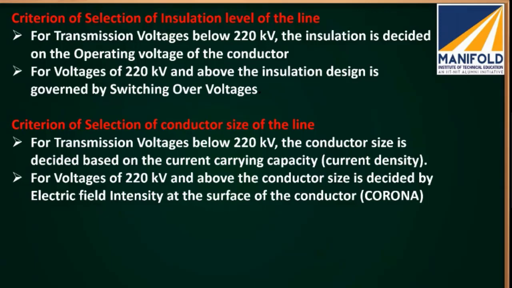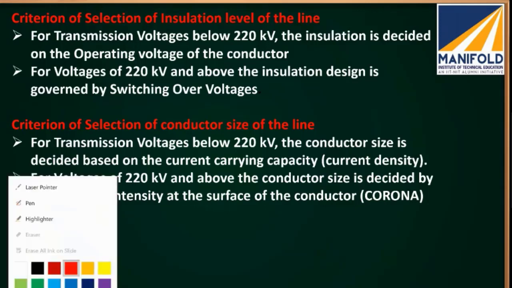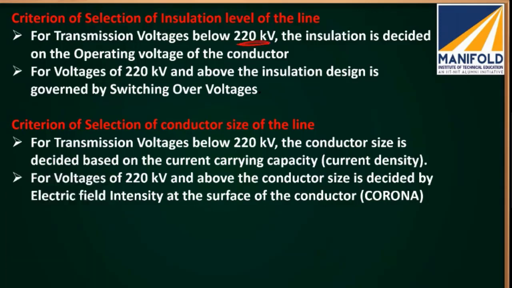So for transmission lines below 220 kV, insulation is decided by the operating voltage of the conductor. That means voltage of the transmission line. For voltages beyond 220 kV, the insulation design is governed by switching over voltages.